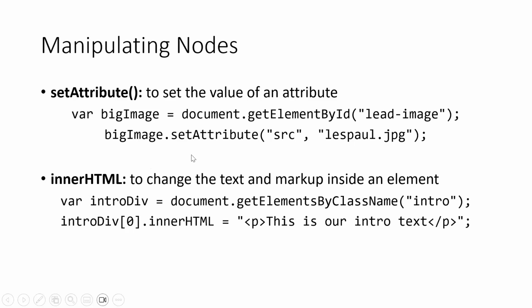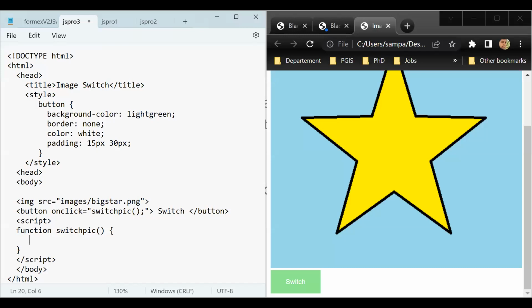And then we will set the attribute. So in this particular case, I have to go inside the function, and then say document dot.